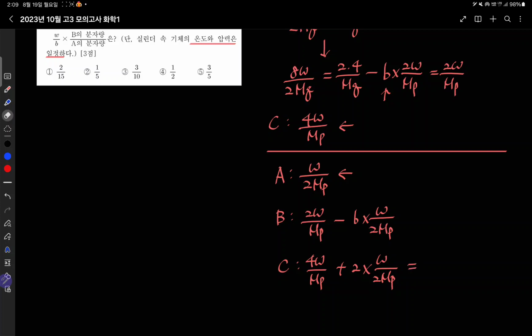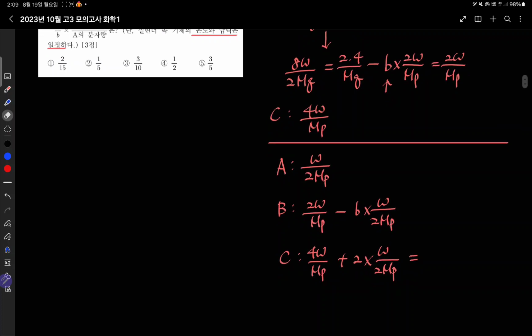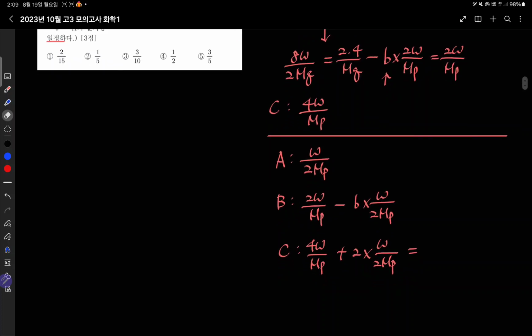That's equal to 5 times W over atomic weight of P.